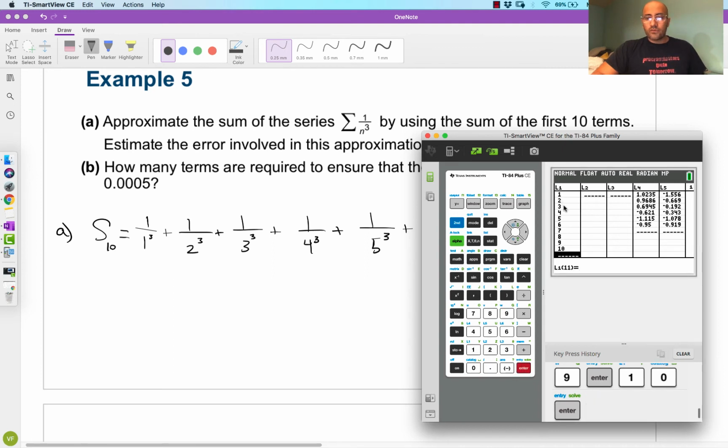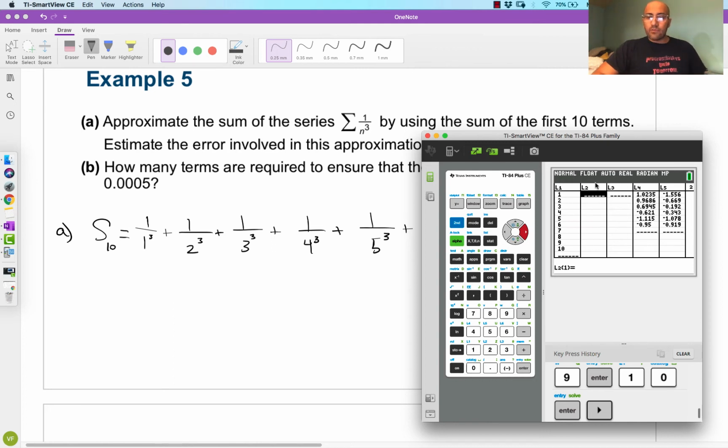Okay, so there's 1, 2, 3, 4, 5, 6, 7, 8, 9, and 10. Now over here, I want to put in the values of each of these. So 1 over 1 cubed, 1 over 2 cubed, 1 over 3 cubed. That's what I want to put here.